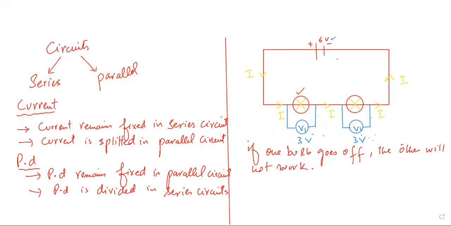Yes. Is that so? But in parallel circuits, this does not happen. So keep in mind, this is a disadvantage of using a series circuit. This does not happen in parallel.